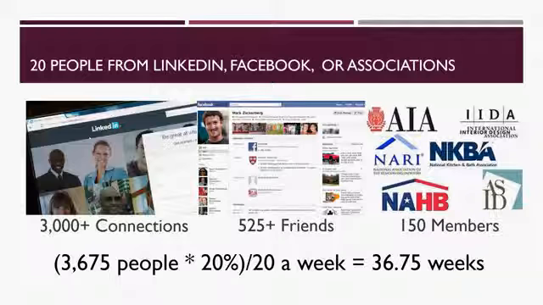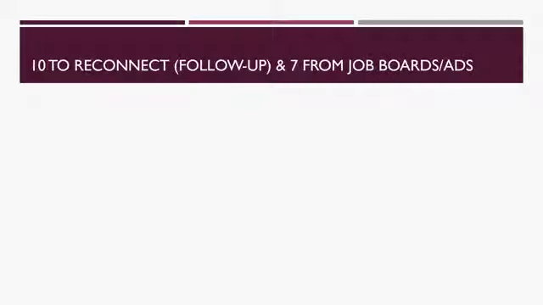Once again, that's 3,675 people. We're going to throw away 80% of them. We're going to say 80% won't be a good contact, but that still leaves you at 20 a week with 36.75 weeks of people to contact, and that's just the first contact. That's not going back and reconnecting with them.